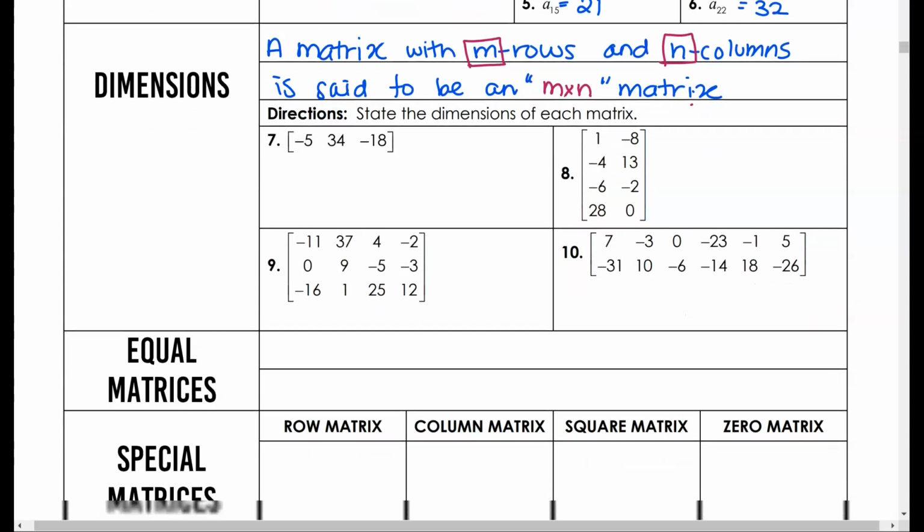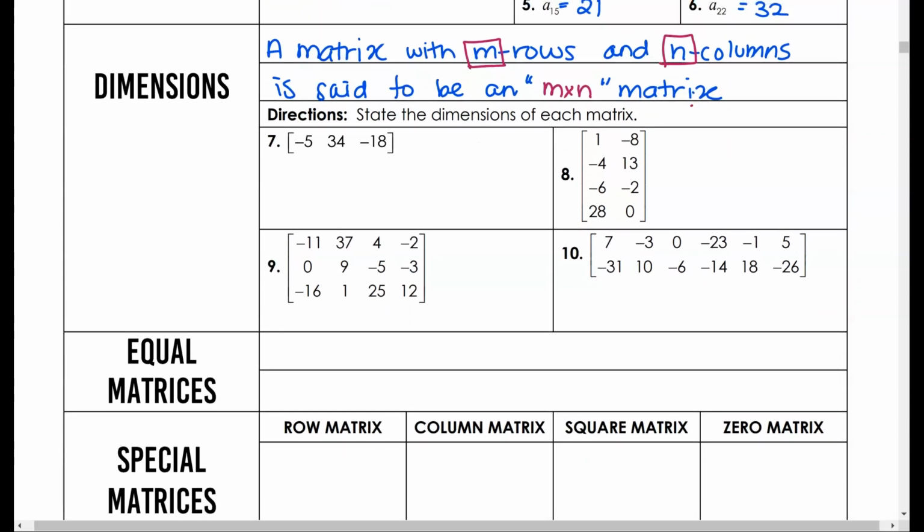In the next one, it says state the dimensions of each matrix. So how many rows do I have? I only have 1 row. How many columns? I have 1, 2, 3. So this is going to be a 1 by 3 matrix: 1 row, 3 columns. When I look at number 8, how many rows do I have? 1, 2, 3, 4. So it's going to be a 4 by, and I have 2 columns, so 4 by 2.